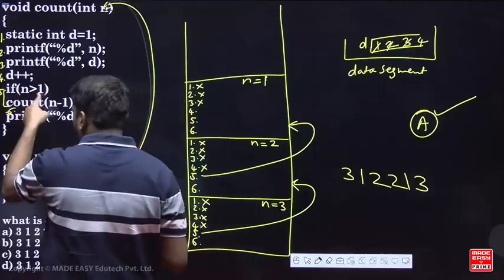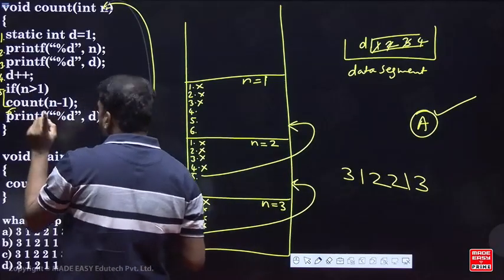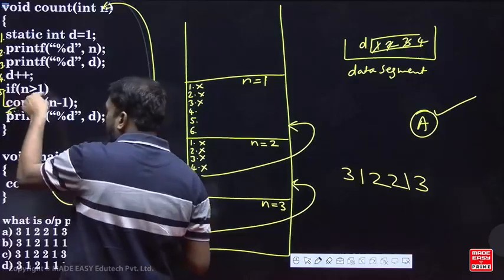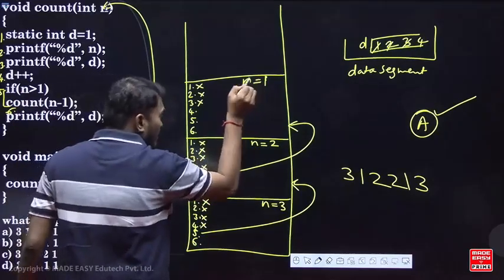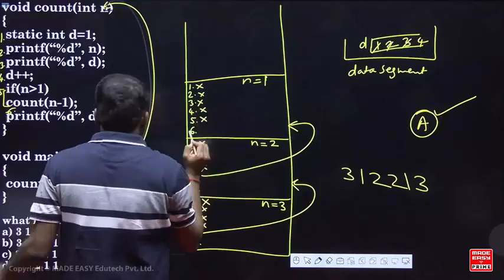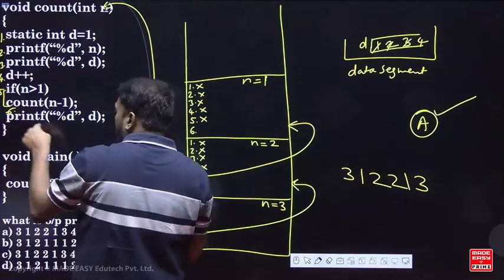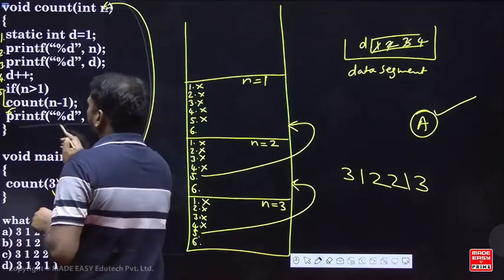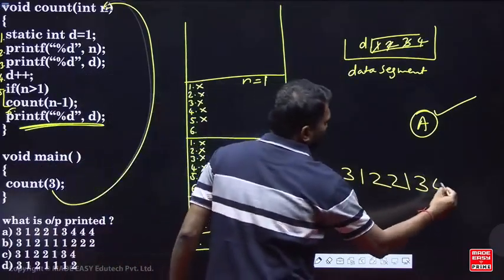And next if n greater than 1, you would call count of n minus 1. Listen carefully. Now if n greater than 1, true or false? n greater than 1 is false, the n value is 1. So if it is false, you are not calling the count function. Now what is the sixth statement pending here? Sixth statement pending, printf %ld d, what is the d value? 4 will be printed.